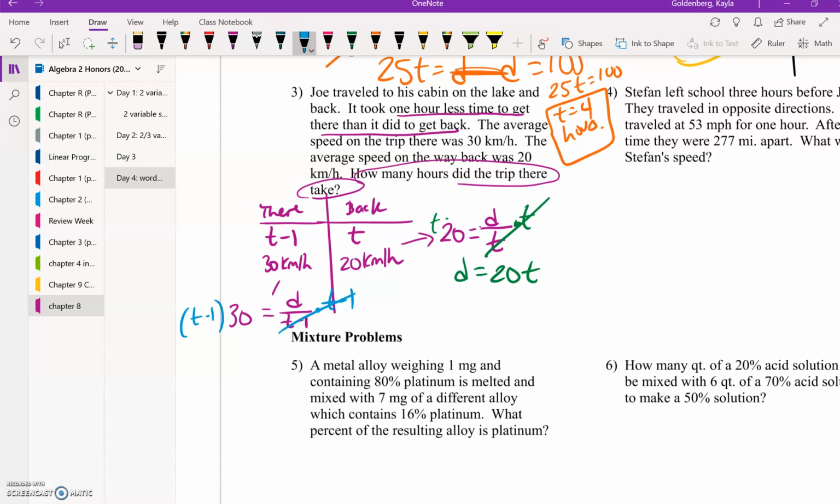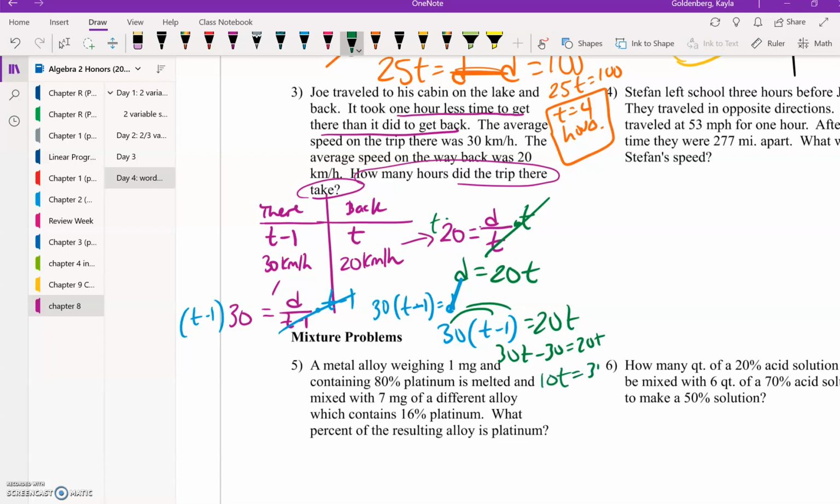Make sure you keep parentheses because you want to do t minus 1 times 30, so you're going to have to distribute. So 30 times t minus 1 is equal to d. If I set these two equal, I get 30 times t minus 1 equals 20t. Distribute, you get 30t minus 30 equals 20t. If I get all my t's on one side, I'm going to have 10t equals 30. Looks like t is going to be 3.